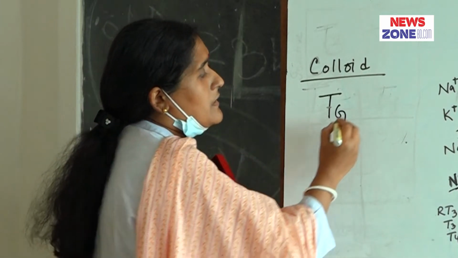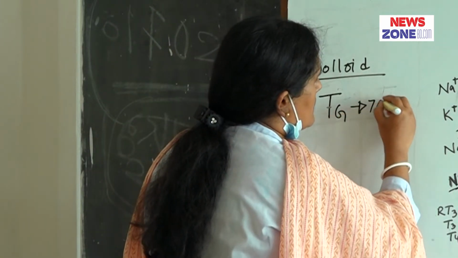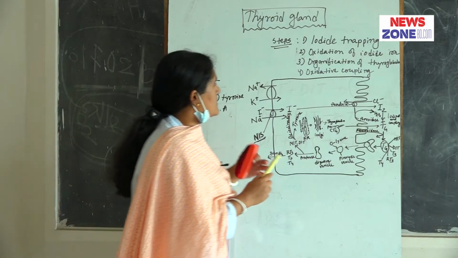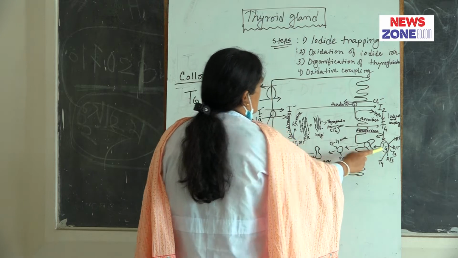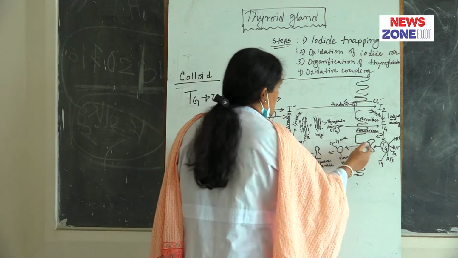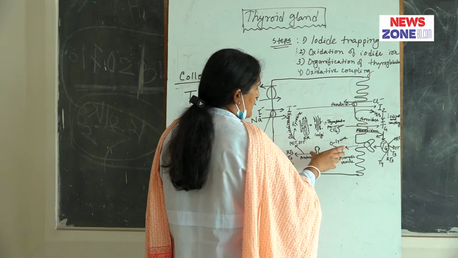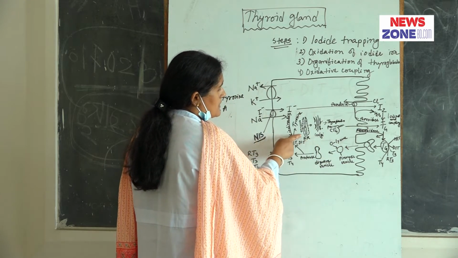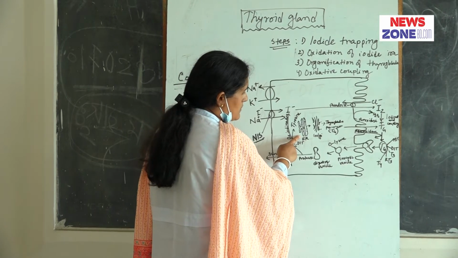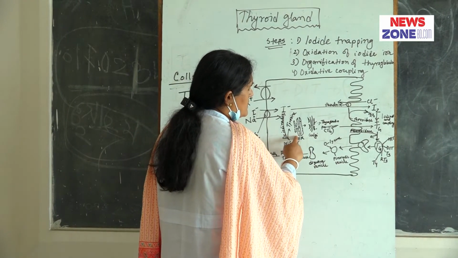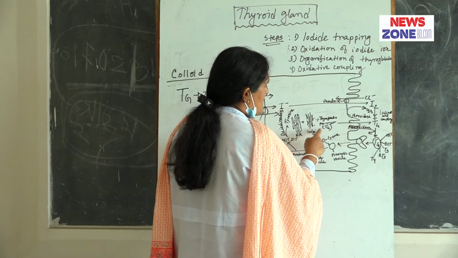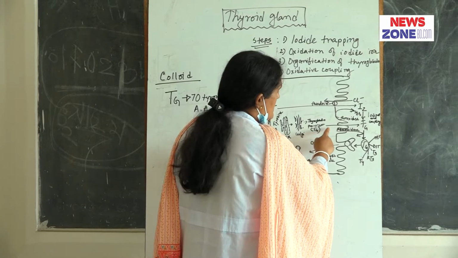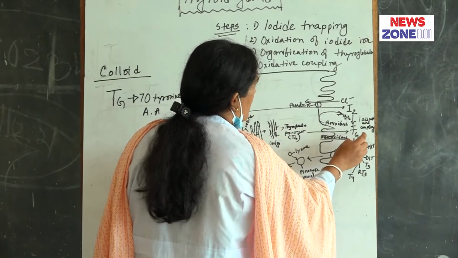Thyroglobulin is mainly composed of 17 tyrosine amino acids. These are released from the follicular cell, because the follicular cell of the thyroid gland has endoplasmic reticulum and Golgi apparatus, which secrete thyroglobulin precursor, and ultimately thyroglobulin is released into the colloid.